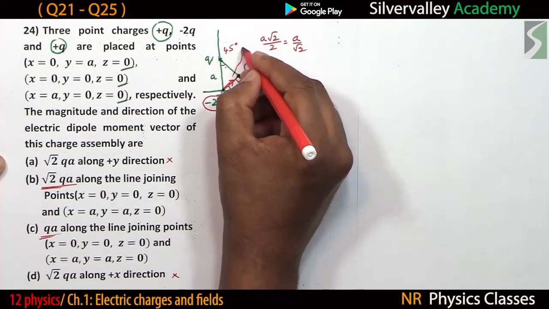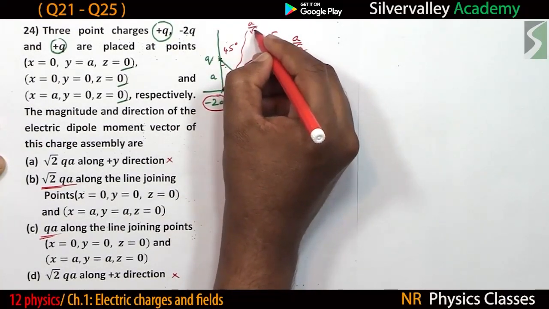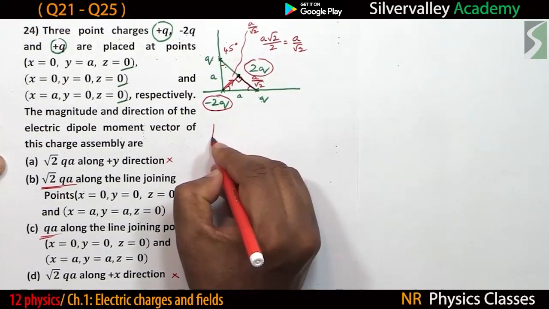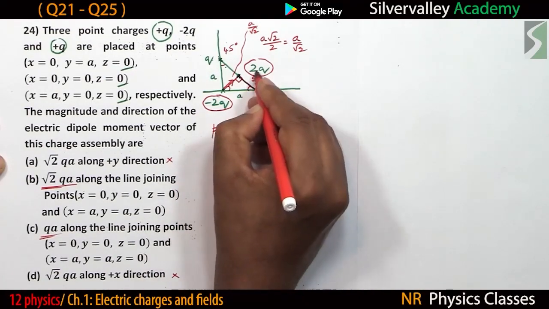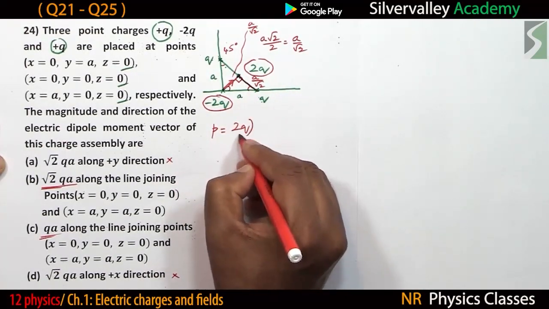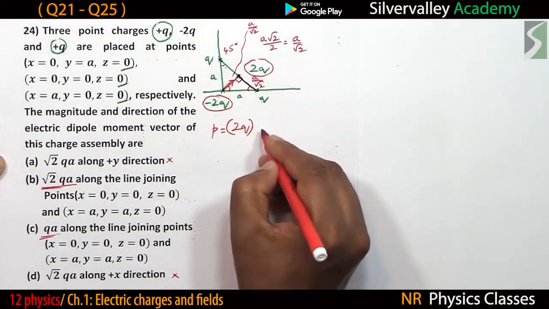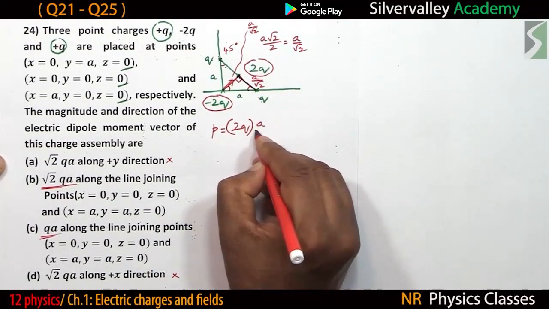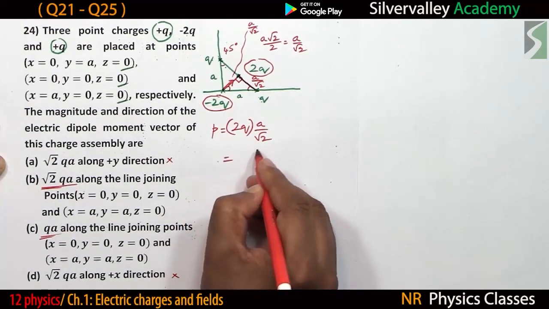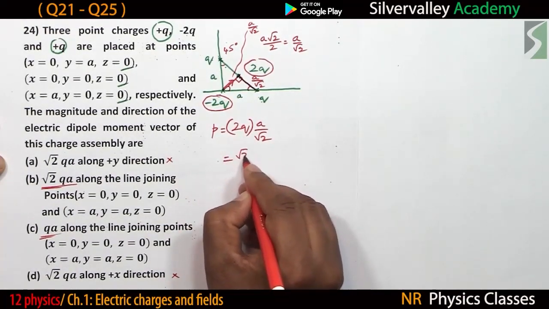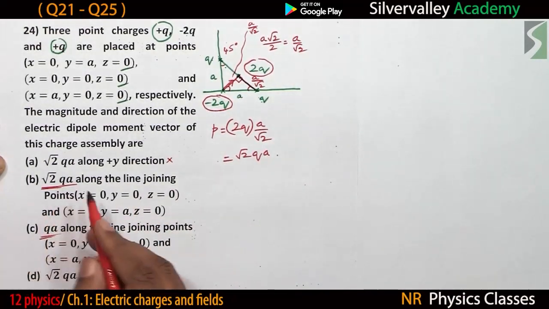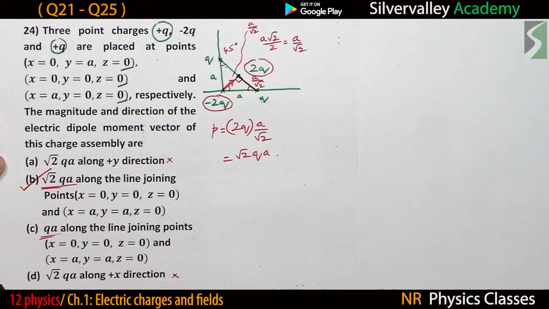So this distance is a by root 2. So dipole moment is charge 2q into distance between the charges a by root 2. So root 2 q a. So it is this option.